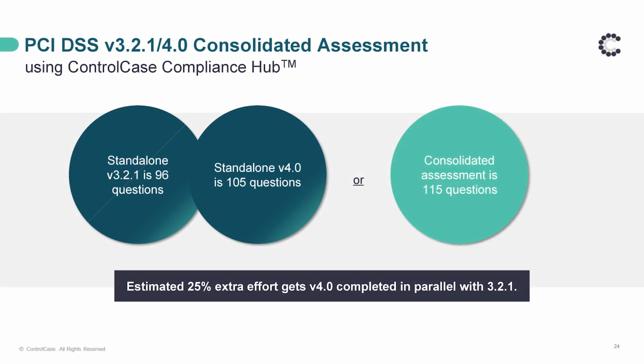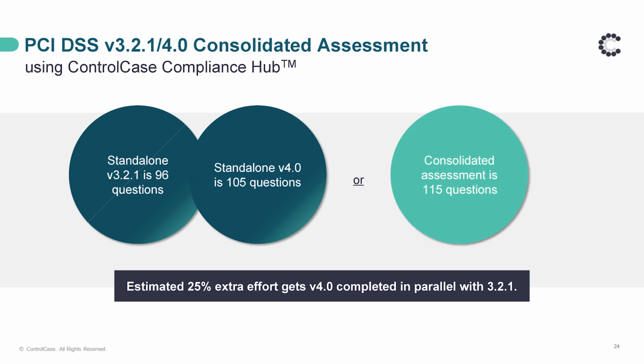In total, what you are seeing over here is when we do an assessment with version 3.2.1, we have a set of 96 questions. When we would do an assessment for version 4.0, we have 100 to 105 questions. With the consolidated assessment approach, a total of 110 to 115 questions will be reviewed, and we estimate 25% of extra effort to get the version 4 completed when you do it in tandem or in parallel with 3.2.1.